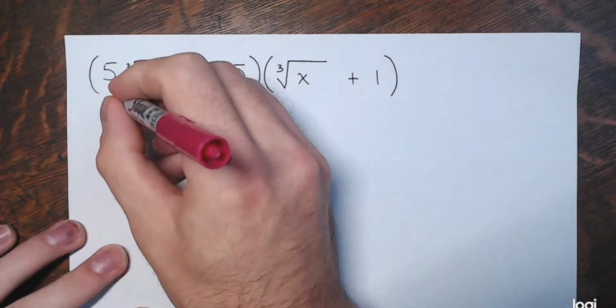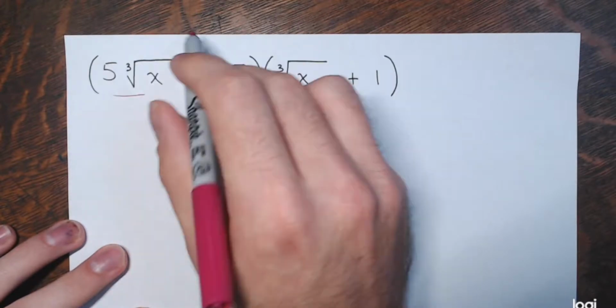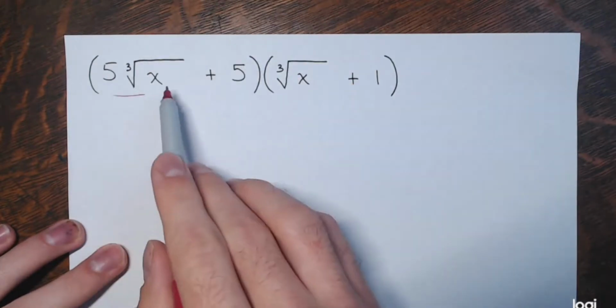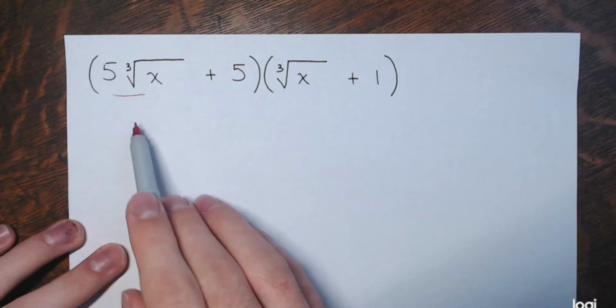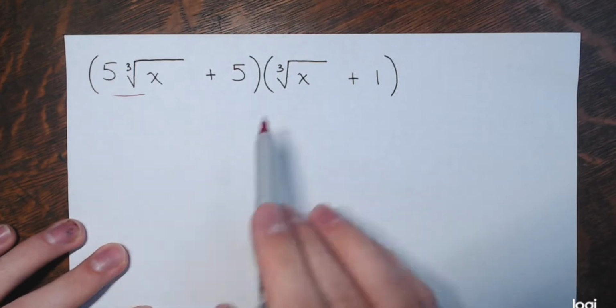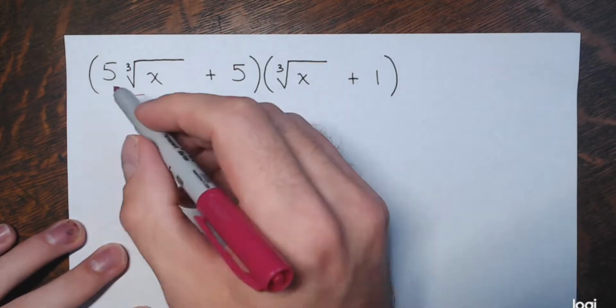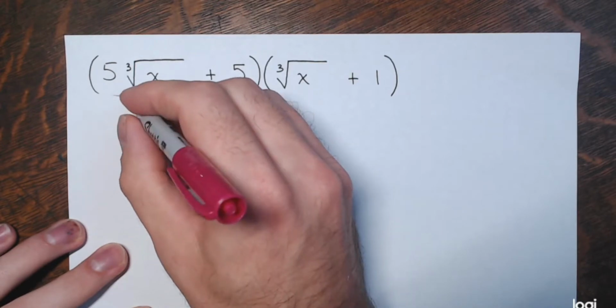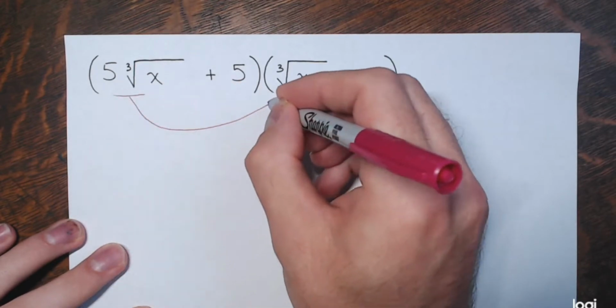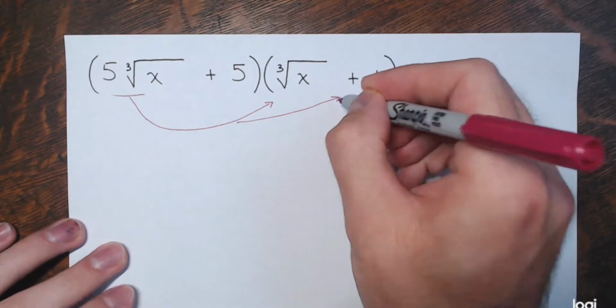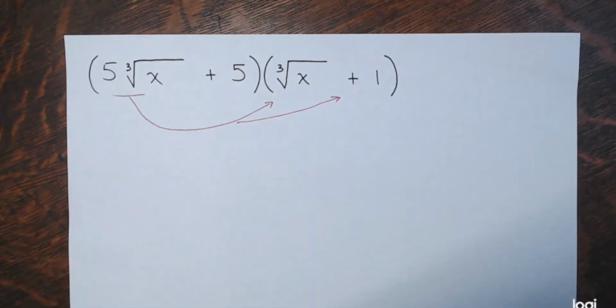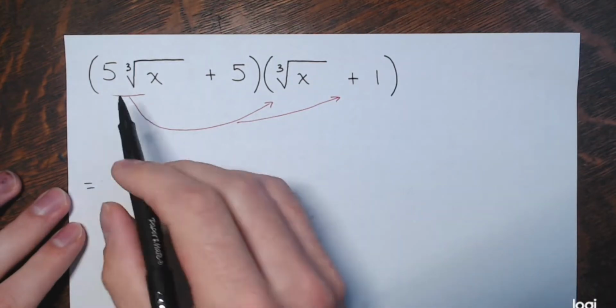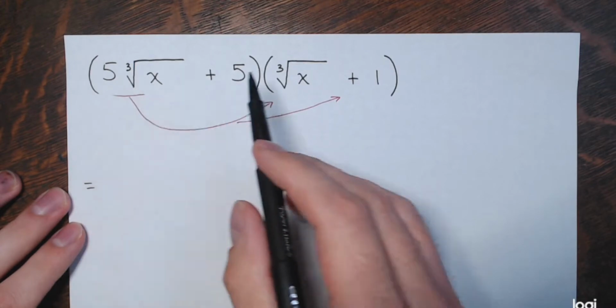So I'm going to pick one expression as like a home base, and then I'm just going to distribute every term from one expression to the other, and then we'll combine like terms when we're done. So I'm going to start with this 5 times the cube root of x. So we have 5 times the cube root of x times the cube root of x again.